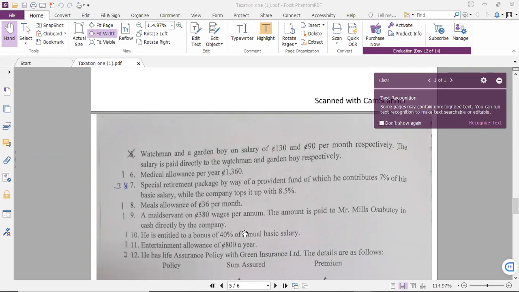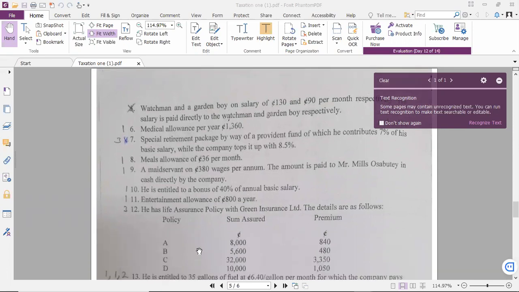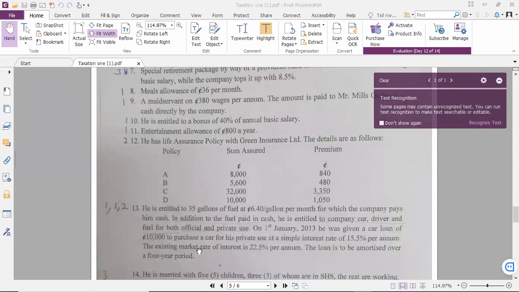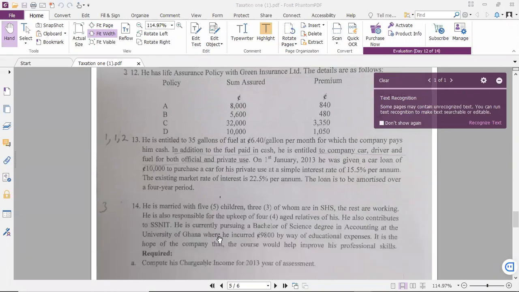Maid servant is there. He is entitled to a bonus of 40% of his basic salary. He has entertainment allowance of 800 per year. There is a life assurance policy, and he is also entitled to gallons of fuel for the month. On and on and on.